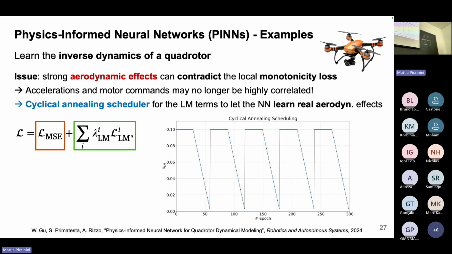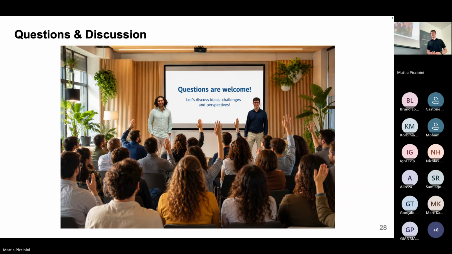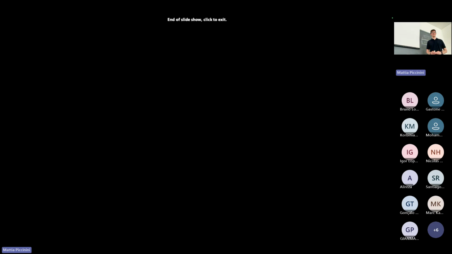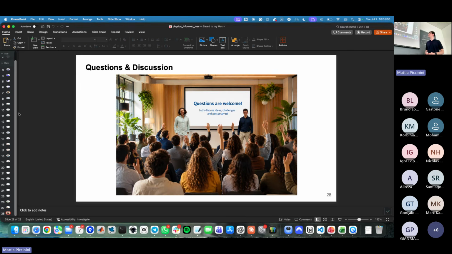Questions here or discussions? Otherwise, I think we are at the end of this part. So this would conclude the physics informed part.